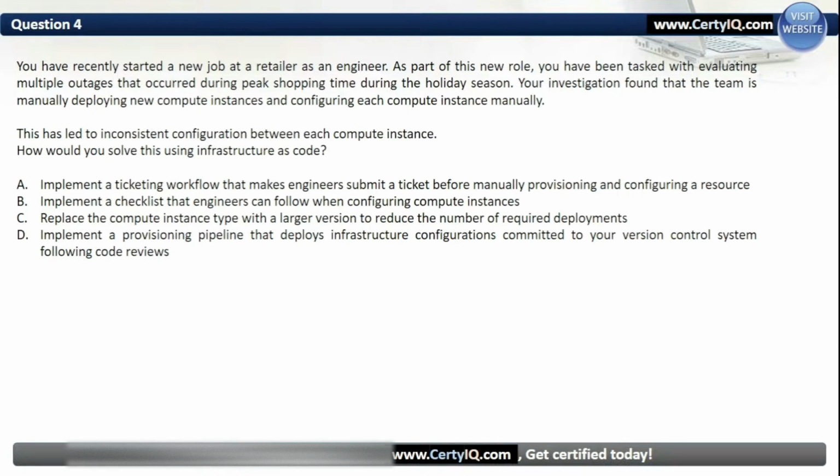This has led to inconsistent configuration between each compute instance. How would you solve this using infrastructure as code? The correct option is D. Implement a provisioning pipeline that deploys infrastructure configurations committed to your version control system following code reviews.